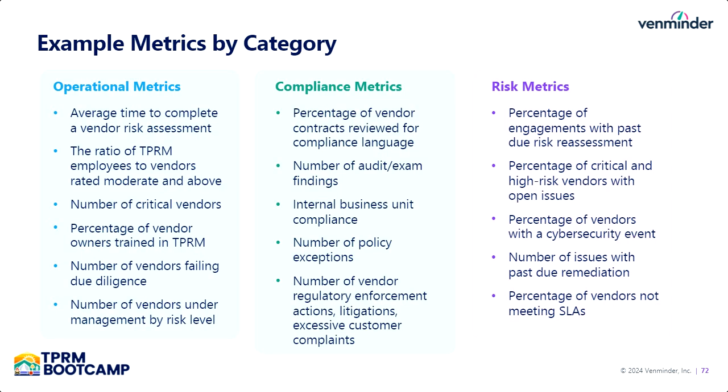All right, here's just some sample metrics by category. So again, for operational, maybe we want to look at how long it takes us to complete a vendor risk assessment or the number of vendors failing due diligence, right? If everybody gets through, maybe the process is not that stringent. Compliance: maybe we want to look at how many audit or exam findings we have, or the number of policy exceptions we're making.